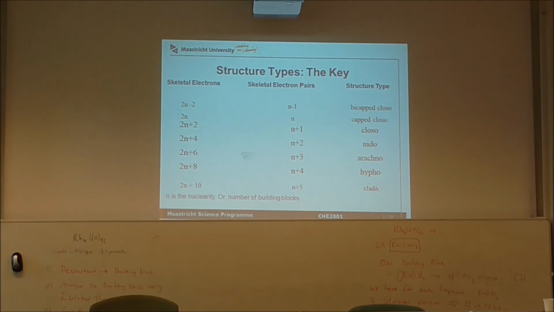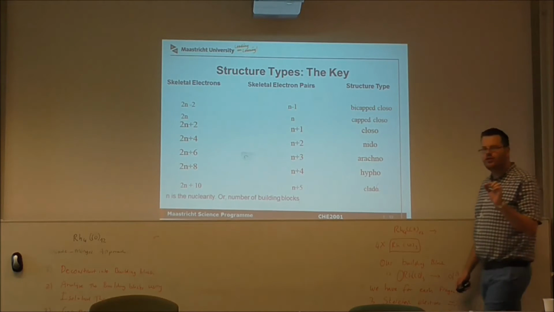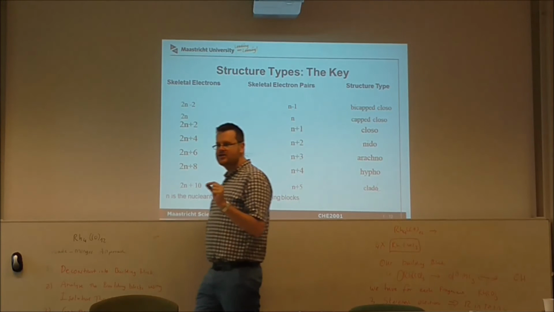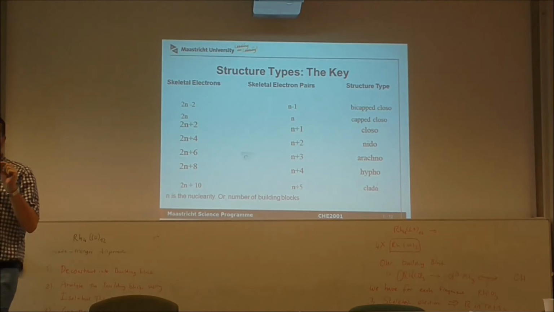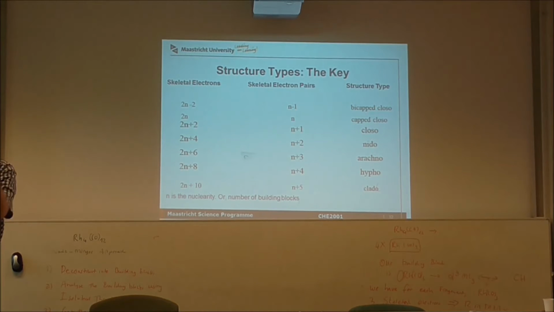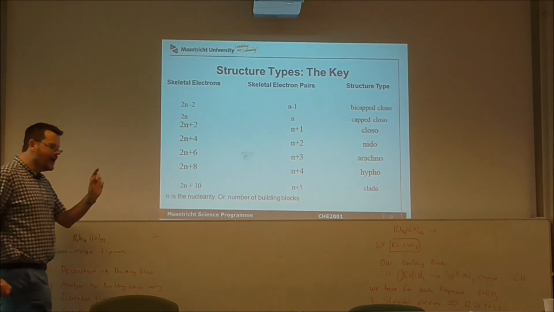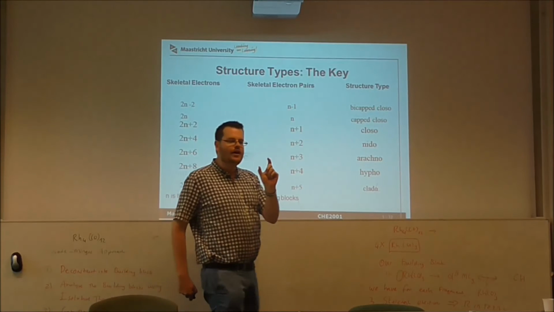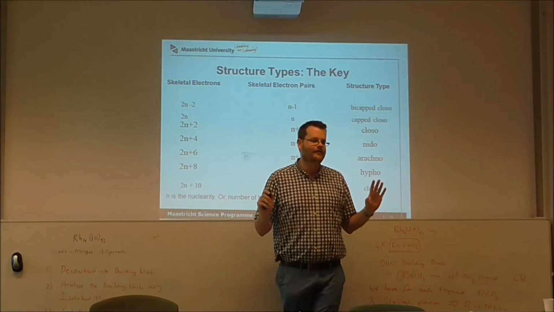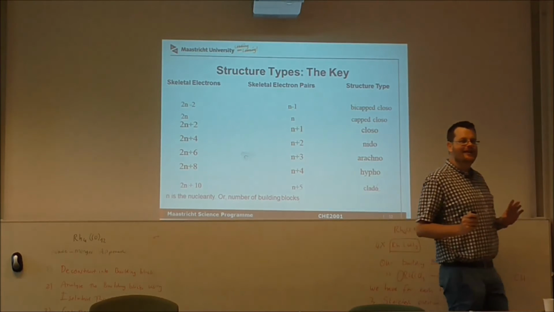Very simple. From using isolobal theory, you can predict the structure type just from breaking it down in a logical way, not memorizing Wade rules or anything like that, but using isolobal theory, which is all about understanding stuff. All right, so what was it now?